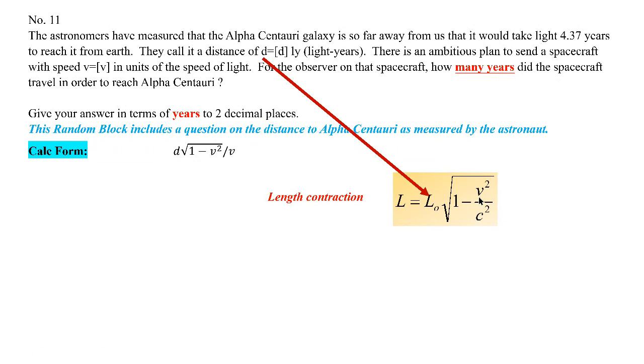But you on the train itself will say, what do you mean? The tunnel is not 1,000 meters, but shorter now, because I measure Alpha Centauri rushing towards me with velocity v, and I already clocked it to say that it took a certain time, so many hours or so many years. Therefore, I know what is the distance that I measure on my spaceship. That is the Lorentz contraction formula.